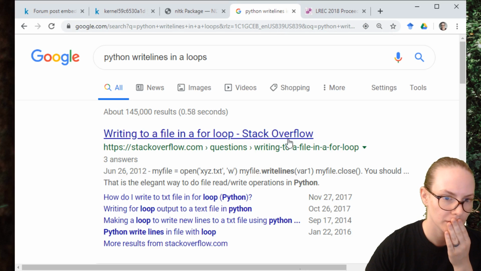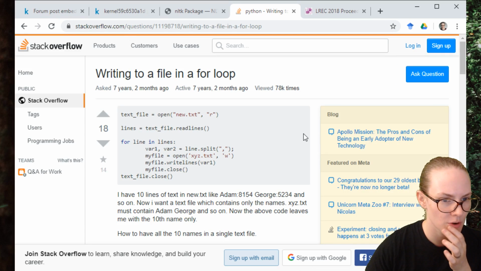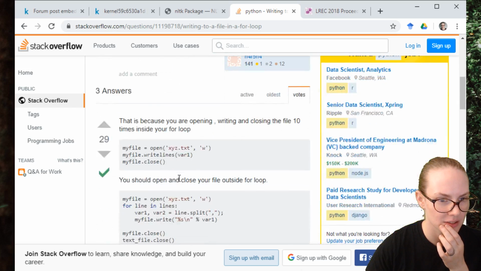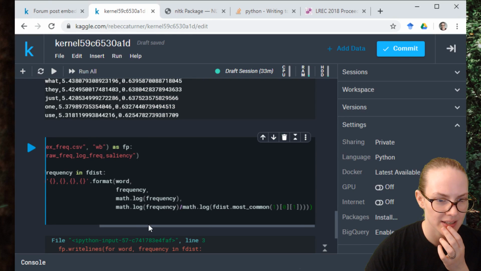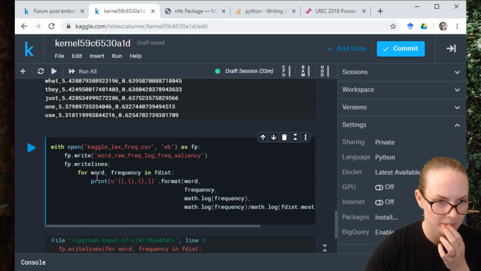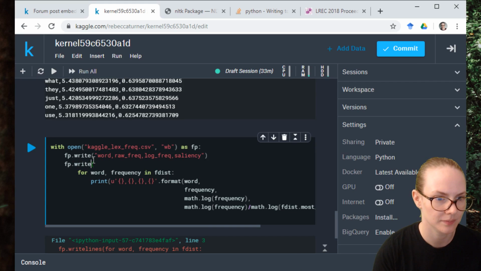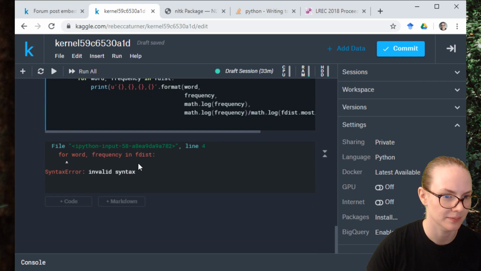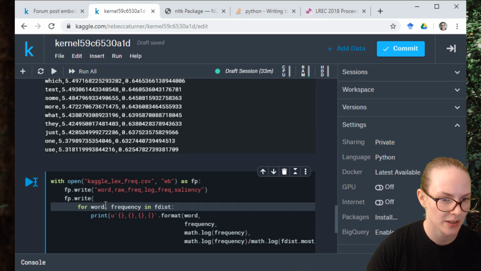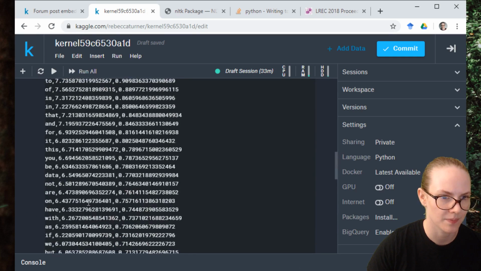Writing to a file in a for loop. Maybe it's because it's write lines. Maybe I can just say write. Nope. For word, frequency in the distribution. Why does it not like that?